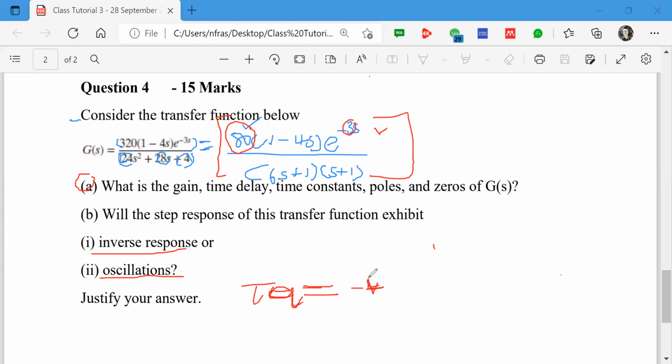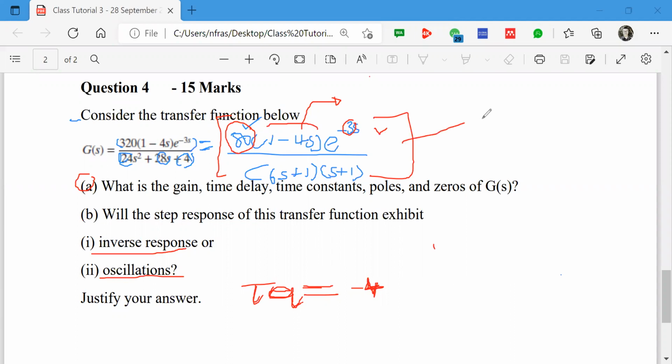And when it's like that now, simply means, in fact, do you guys even know why your tau A is -4? Remember, we said that here you wanted to have K outside, which you do, but you also wanted to have tau A multiplied by S here. But at that point, you've already also derived or resolved your time delay, so when you solve for that, your tau A at that point will need to be -4.